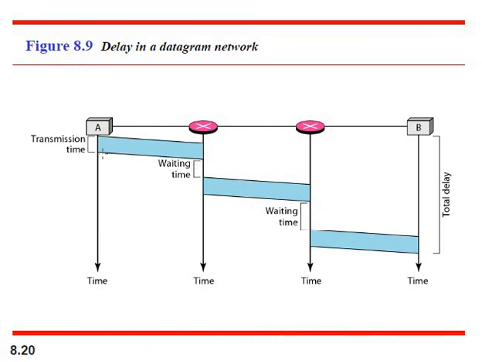But here every time the packet has to wait at the respective routers, and then the packet will be delivered. For this there will be waiting time if the router is not free. If the router is busy with some other tasks, the packet has to wait, and this is one of the drawbacks in the datagram networks.